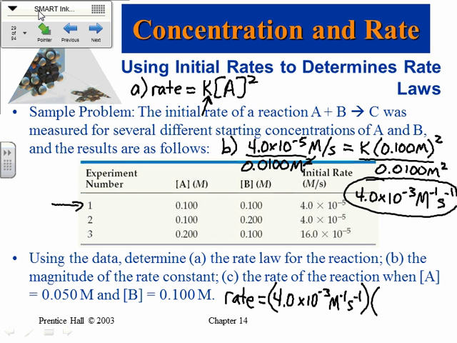The nice thing is, in our rate law, the only concentration that matters is A. B doesn't matter at all. So 0.050, and we square that. When you multiply those two things together, that should give you the rate.